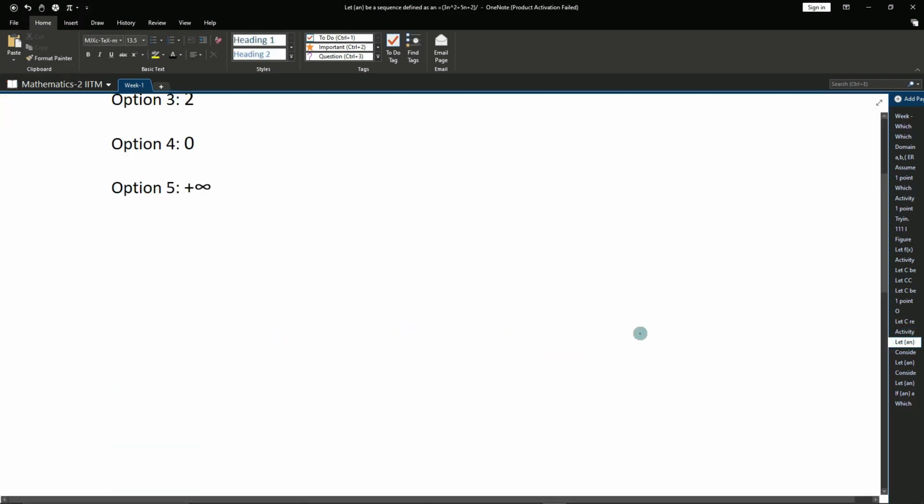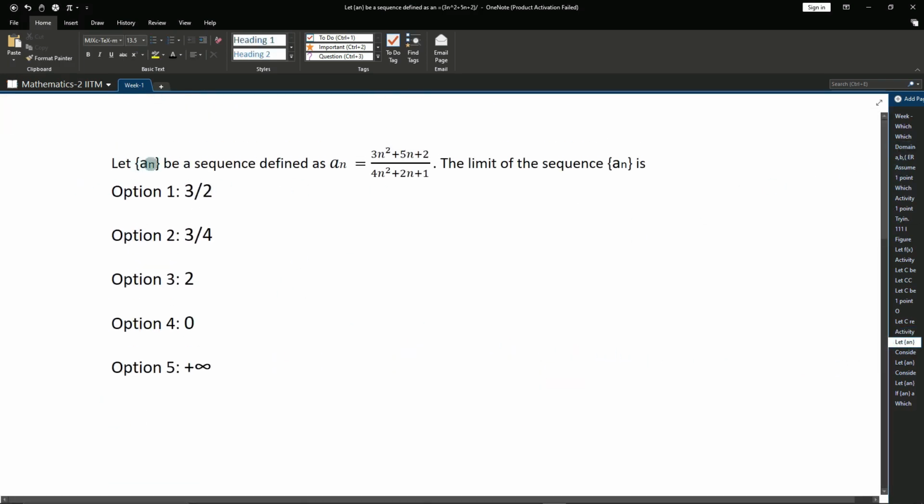Next question we have: let a_n be a sequence defined as a_n is equal to some function. The limit of the sequence a_n is, so they're asking us the limit. Whenever they ask for the limit of a sequence, it means the limit as n tends to infinity of that particular sequence or function, right?